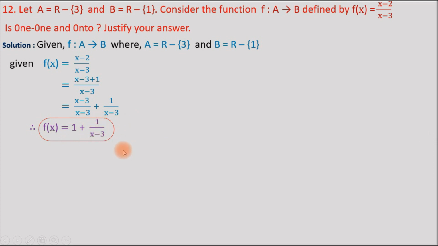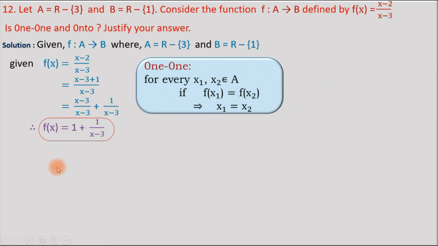To check the one-one condition, take every x1, x2 belongs to A, the domain, f of x1 equals f of x2. Since f of x equals 1 plus 1 by x minus 3, this implies 1 plus 1 by x1 minus 3 equals 1 plus 1 by x2 minus 3.